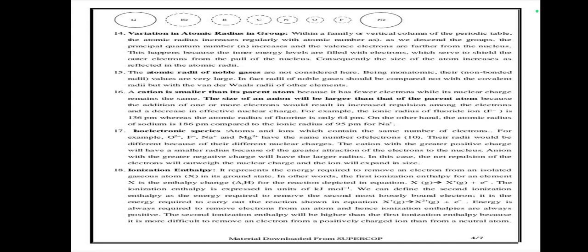This happens because the inner energy levels are filled with electrons, which serve to shield the outer electrons from the pull of the nucleus. Consequently, the size of the atom increases, as reflected in the atomic radii.